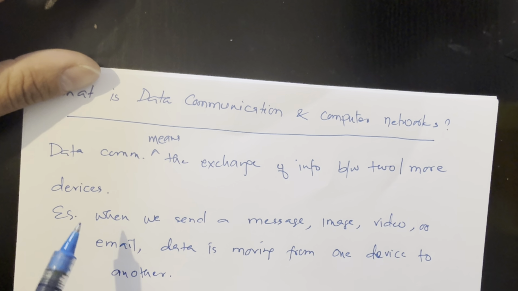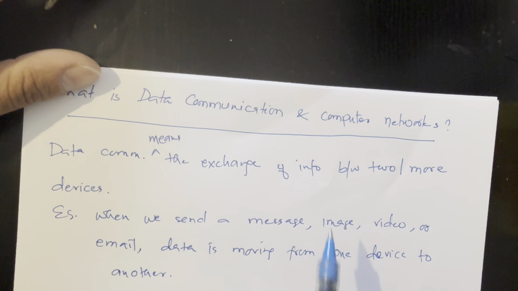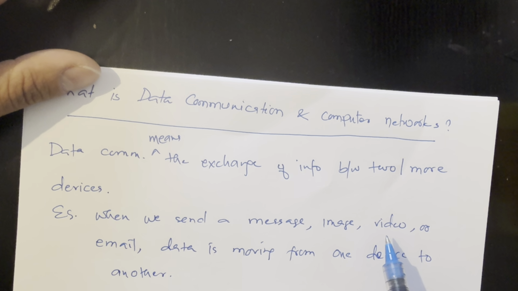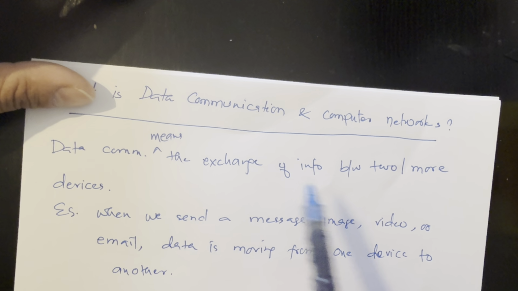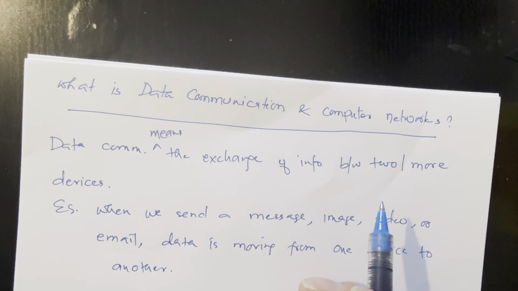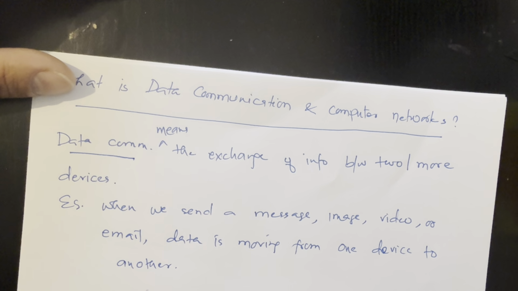It's called data communication, which means it's the exchange of information. The information here is a message, video, image, or email that's exchanged between two or more devices, sender and receivers, or a sender to multiple receivers. This is called data communication.